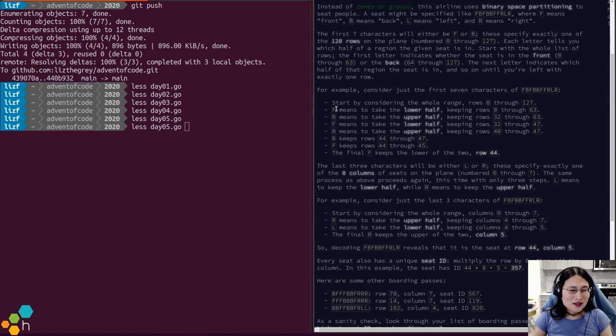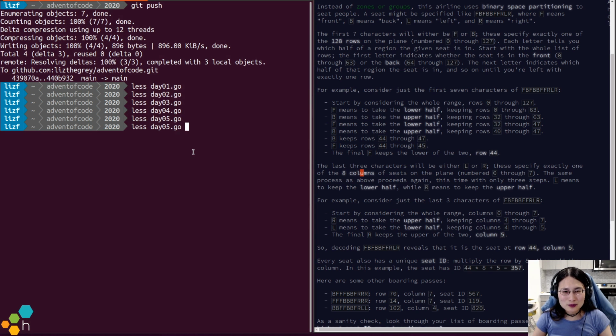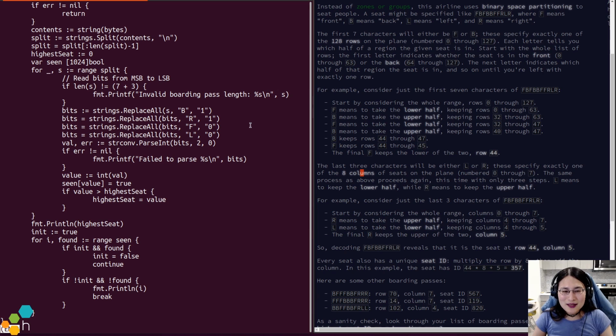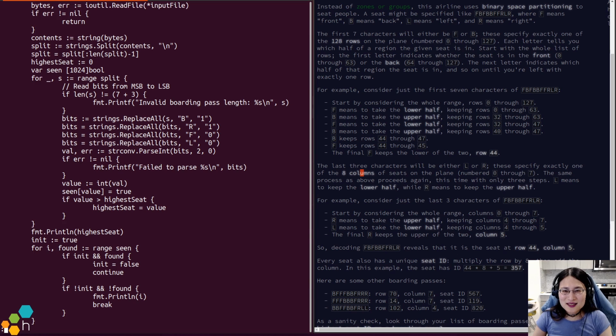So you were given forward, back, or FB, to go halfway forwards, then halfway backwards, and halfway forwards, and halfway backwards. Turns out that's just how base 2 arithmetic works. So I was able to just really quickly parse things from most significant to least significant bit, and go ahead and iterate through.